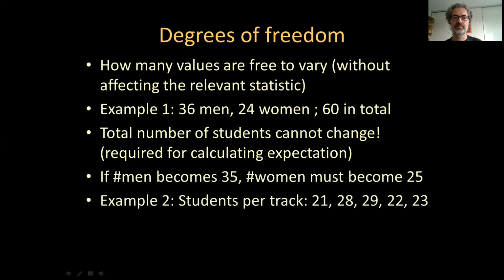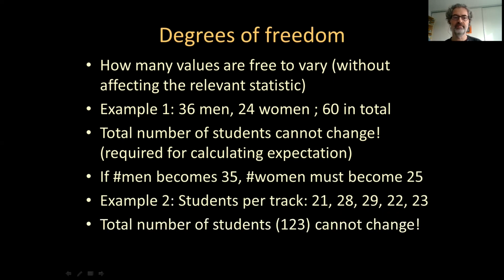In the second example, where we had these numbers of students, and the total was 123, this is what cannot change. Now, how many of these values can vary while the total can remain 123? Imagine that there were 22 students in this track, so 1 more, 29 in this one, again 1 more, 30 in this one, again 1 more, 23 in this one, again 1 more.